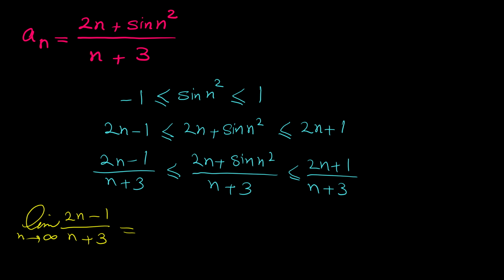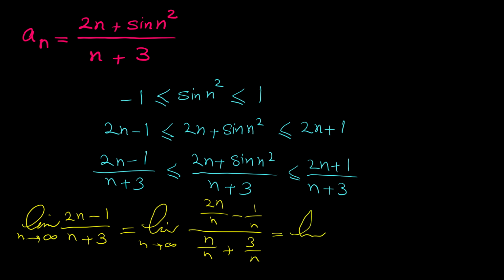And the other method that, if you remember, from finding limits of rational functions, for finding limits like this, is to divide the numerator and denominator by the highest degree of the denominator. If you remember, from limits of functions at infinity, when we have a rational expression, we divide the numerator and denominator by the highest degree of the denominator. In the denominator we have n to the 1, so we divide everything by n. So we have 2n over n minus 1 over n, over n over n plus 3 over n.